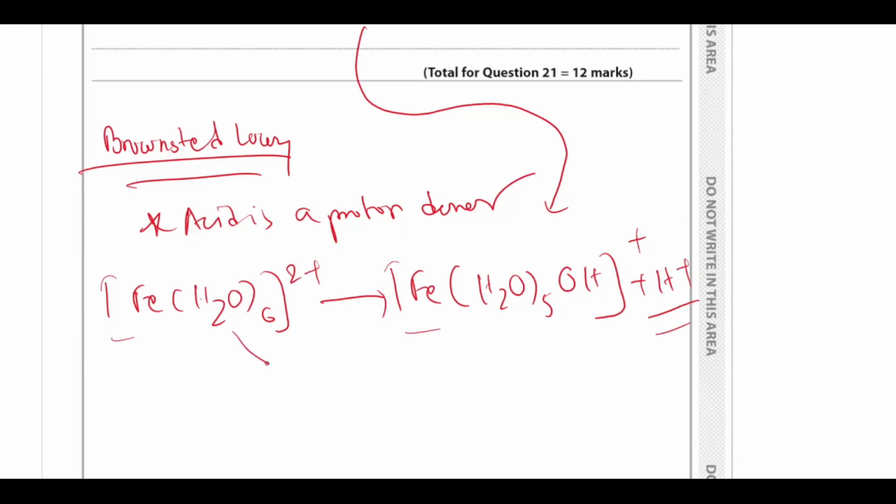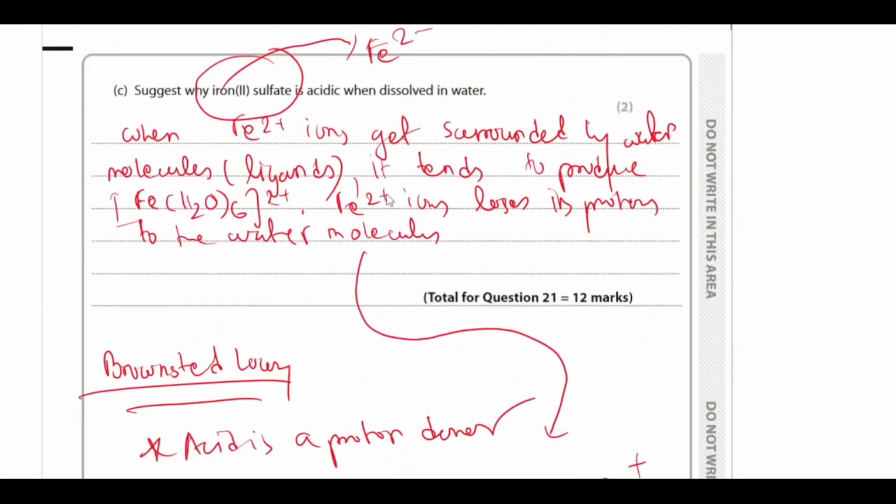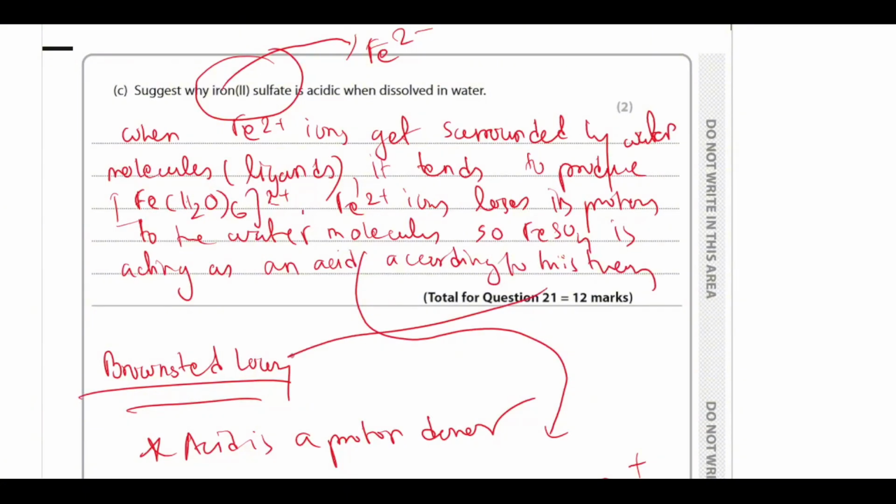So what is happening here? It's donating a proton via a deprotonation reaction, as it dissociates. So we can clearly say that, according to the Bronsted-Lowry theory, FeSO4 is acting as an acid. So that would be your answer.